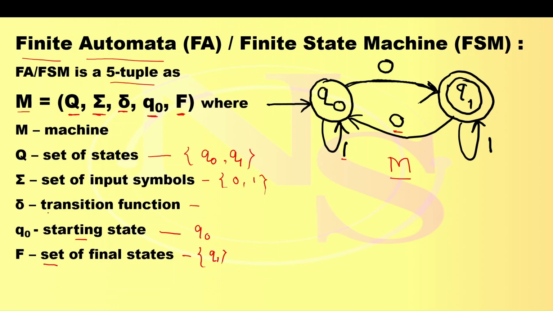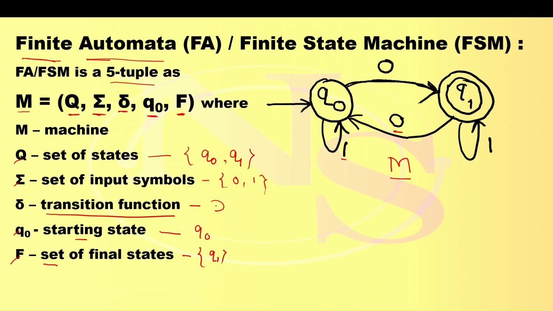Now, based on the transition function, in all automata these four things will be the same. These are not going to change, but the transition function is going to vary. Due to that variation, we can define the type of finite automata.